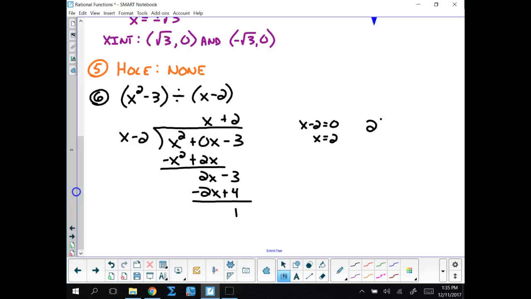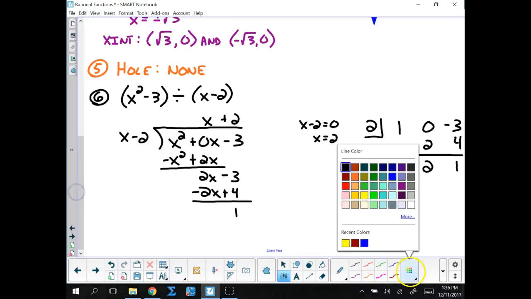That's the number that goes outside. 1, 0, and negative 3 go inside. Drop it down, multiply, add them, and I get that. Either way, I get the same thing: 1, 2, 1. That was part A of step 6. Part B says forget about that remainder.